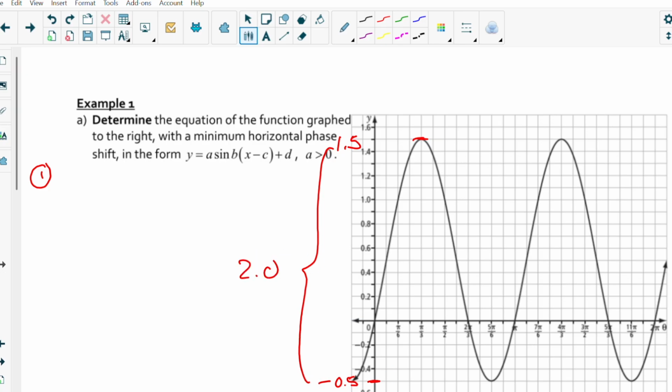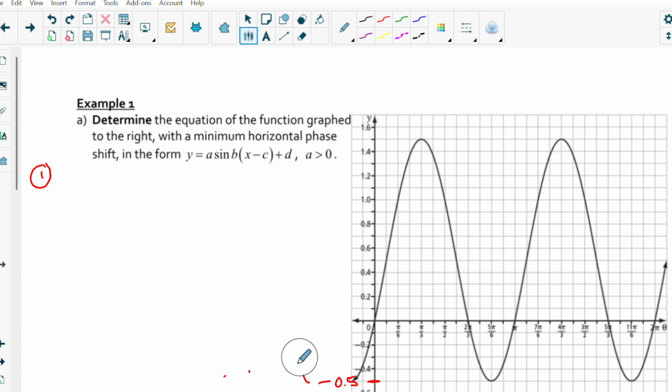So I either go down by 1 or up by 1. If this is negative 0.5, negative 0.5 plus 1 is positive 0.5. So this is my sinusoidal axis, and that is D equals 0.5. That's one way to think about it, but it's a bit too much calculation and work.